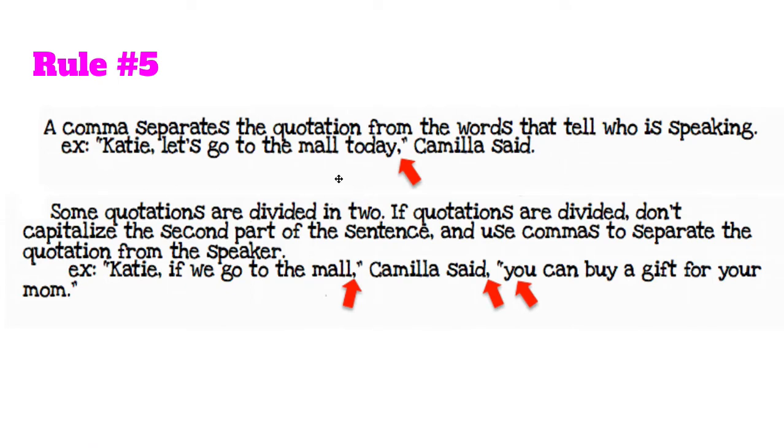Okay, especially if you have the dialogue tag at the end or in the middle, right? If the dialogue tag is in the front or the beginning of the sentence, then you just put a period there. So rule number 5, a comma separates the quotation from the words that tell who is speaking, aka the dialogue tag, right? So look at that comma there.